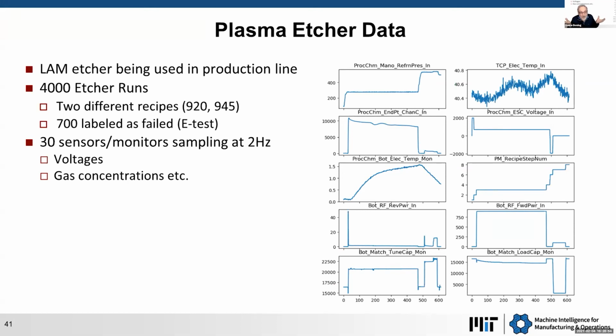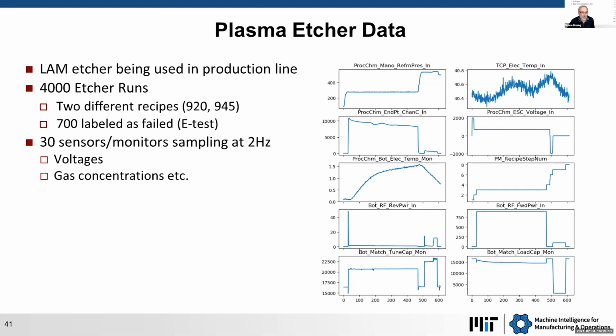We said, those are the sensors we have, put them into the system. So we employed the RDGAMM with all 30 sensors. What else was interesting here is we had two different recipes, very different recipes running on the same tool, or the same equipment, I should say.